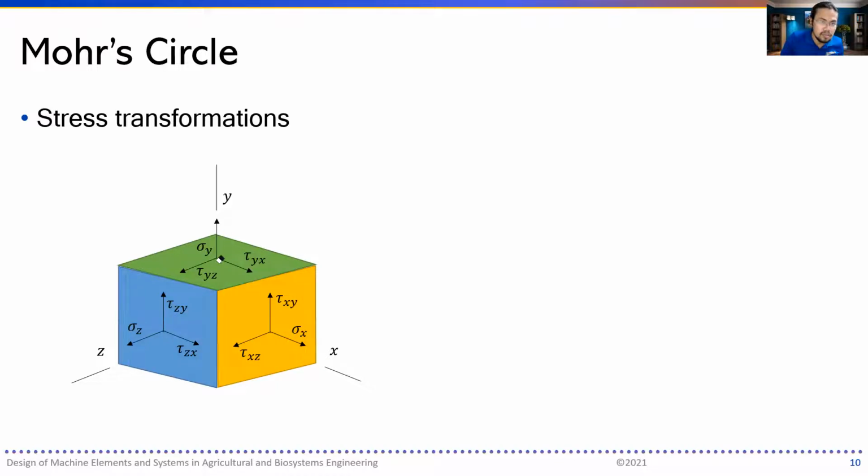It's experiencing normal stress along the Y, along the X, along the Z. So 3D. Now there's also shear stress along the Y surface, along the X surface, and along the Z surface, and it depends on the direction of the shear stress.